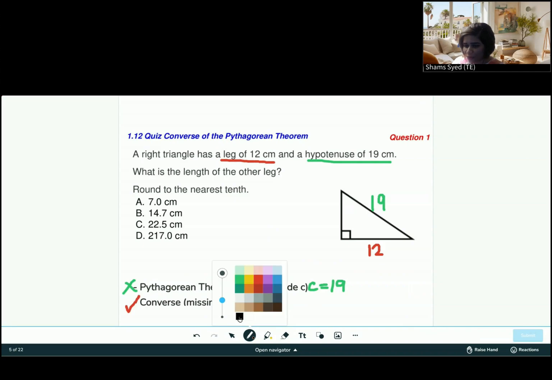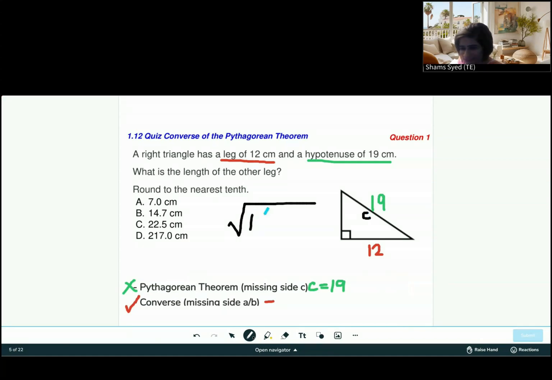In order to follow the converse, we do the square root of the longest side C, that is 19 squared, minus the given shorter leg squared, and that gives you the missing shorter side. In order to find the converse, we do subtracting: the longest side squared minus the given shorter side squared.